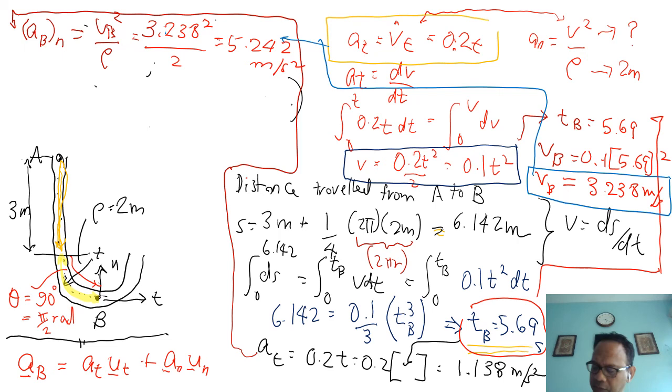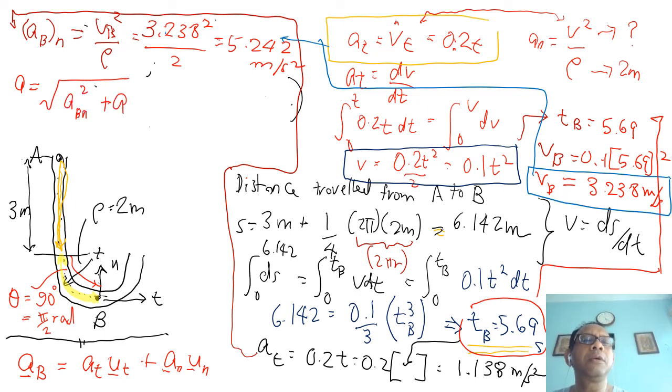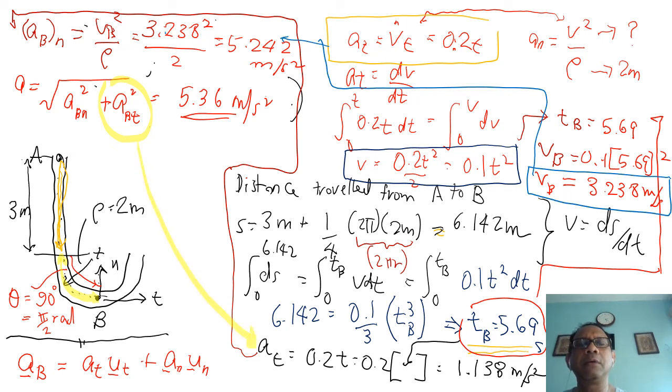The magnitude of acceleration is a equals the square root of a_n square plus a_t square. So the answer is 5.36 meters per second square. You can get the value of a_t from here, and you can get the value of a_n from here.